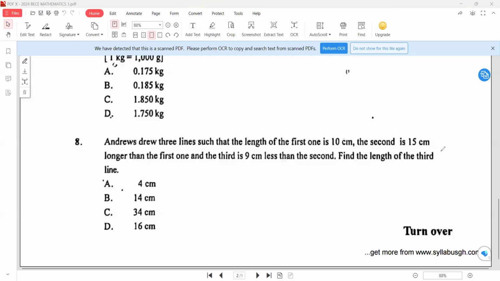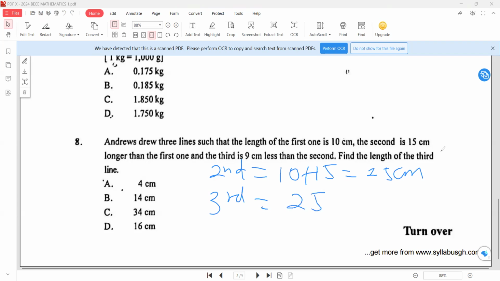So the first is 10, the second line should be 10 plus 15, and that's 25 cm. And the third is 9 centimeters less than the second. So that should be 25 minus 9, and that's 16 cm for the third. Option C.